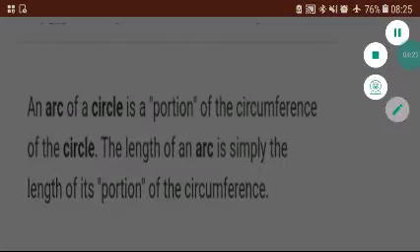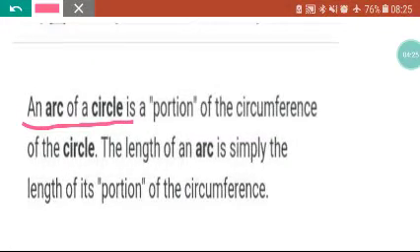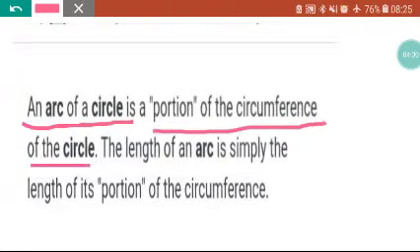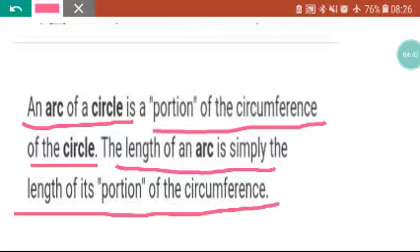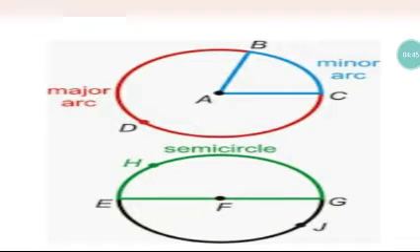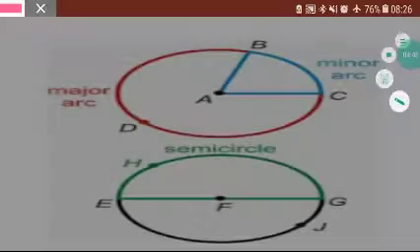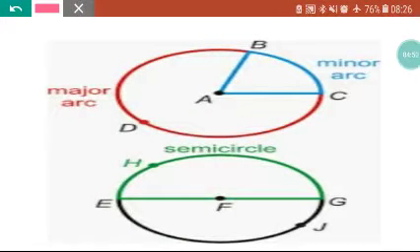Now the next is the arc. What is the arc of a circle? It is also written here. The arc of a circle is a portion of the circumference of the circle. It may be complete, or half, or less than half, or more than half, but the length of an arc is simply the length of its portion of the circumference. See in this figure, these are all parts of the circumference, no?